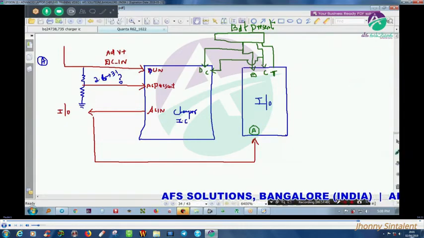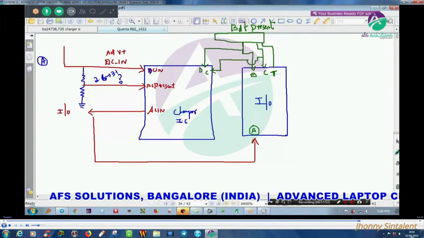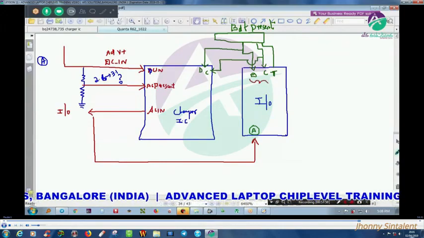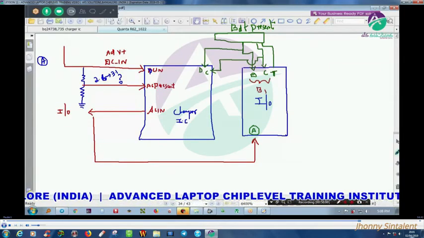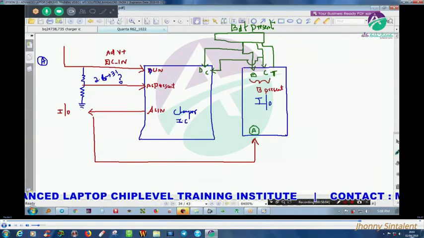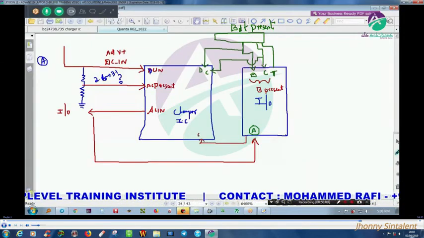Now when the IO controller gets a confirmation that the adapter is present, and gets a confirmation that the battery is present, this will give an enable voltage to the charger IC.